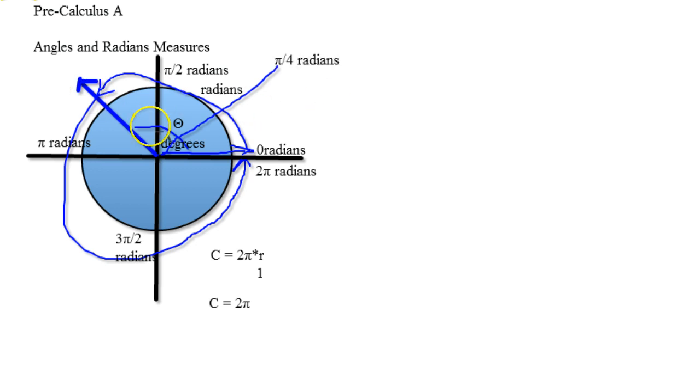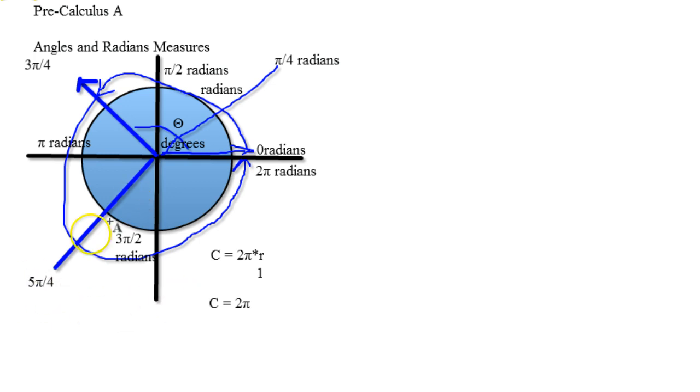Now if I went 2 pi quarters, that would be pi halves. If I went 3 pi quarters, that's just 3 pi quarters. If I go 4 pi quarters, I'm at pi. If I go 5 pi quarters, which would be right here, that would be 5 pi quarters.